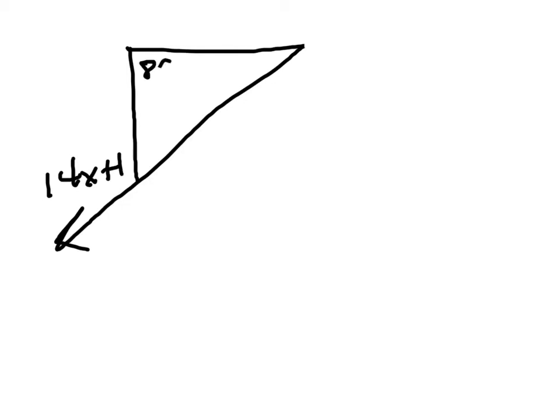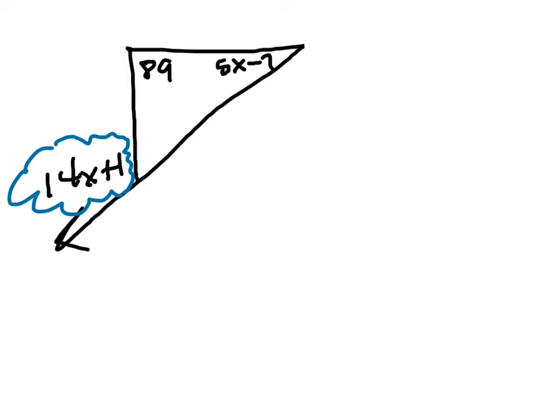Here it's 89. And here it's 5x minus 7. Again, we know all the angles of a triangle add to 180, but here's the thing. Not all the angles are inside the triangle. This 14x plus 1 is on the outside. So we can't use that method.